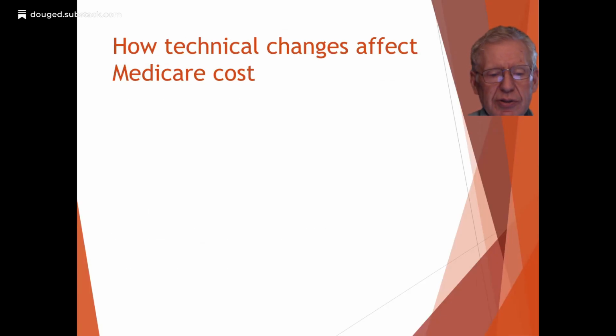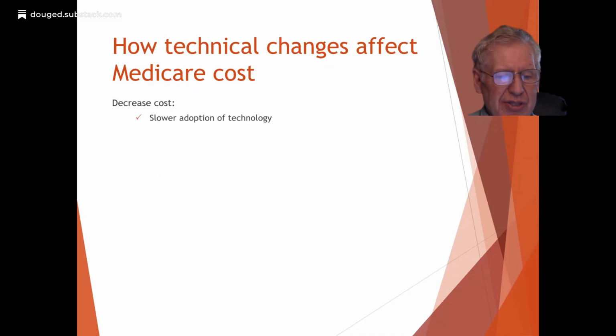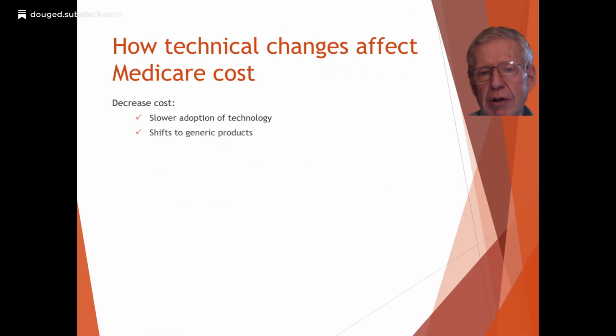Now for the technical changes, things that decrease costs, slower adoption of technology, and we're certainly seeing, I think, that effect kicking in 2025 as funding models are at risk, as funding for research is certainly being reduced. We see shifts to generic products as earlier items, pharmaceuticals, come off of their protections.